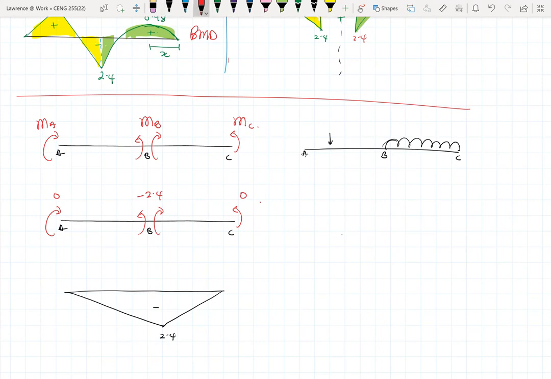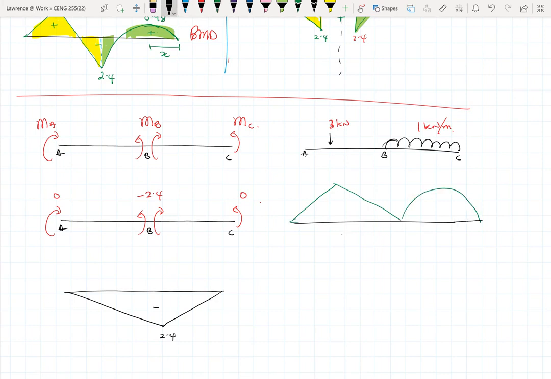Okay, so this is 3 kilonewton, sorry, and this is 1 kilonewton per meter. Okay, and then we drew our bending moment diagram to look like this. Okay, so these were our bending moment diagrams initially.